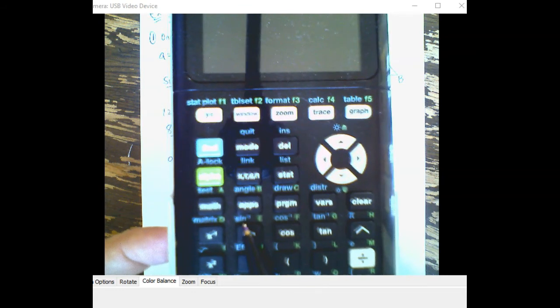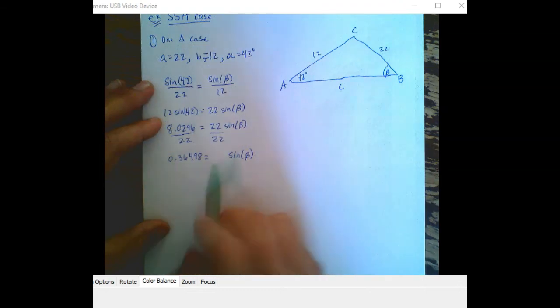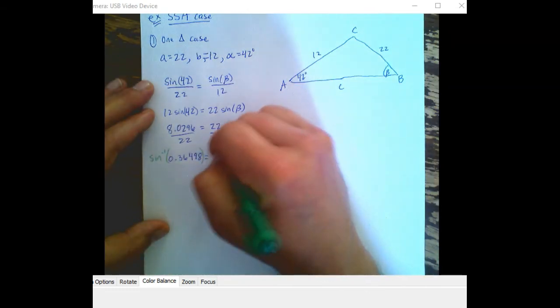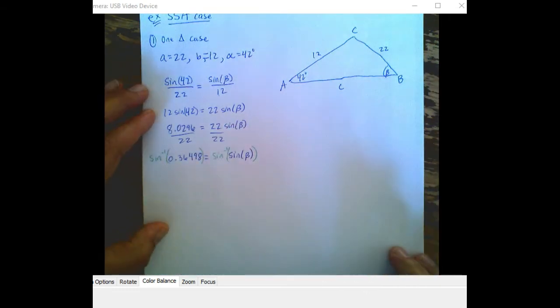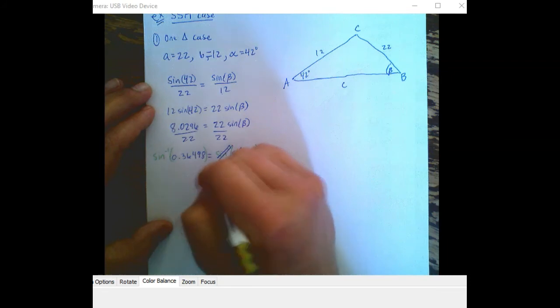What it does is, for an acute angle, it cancels out the sine. So that's what we're going to do to both sides: take the sine inverse of the left side and the sine inverse of the right side. The reason we do this is because sine inverse cancels out sine, so on the right-hand side, beta pops out.